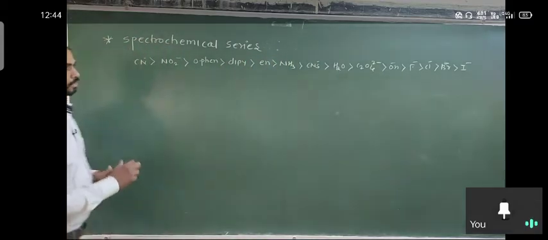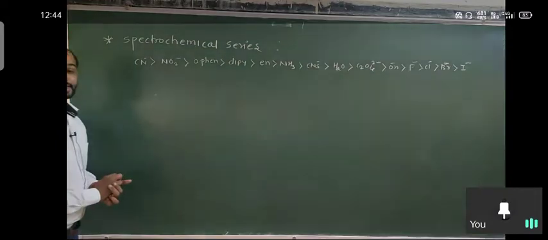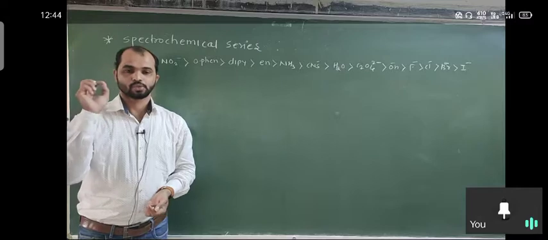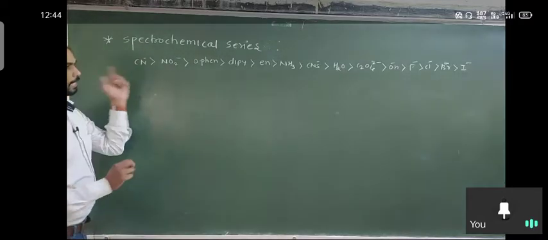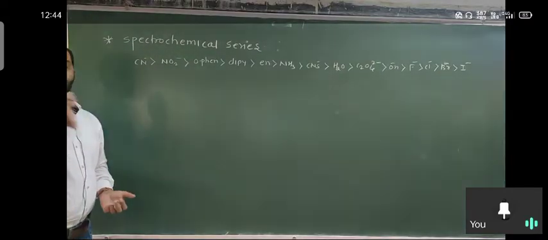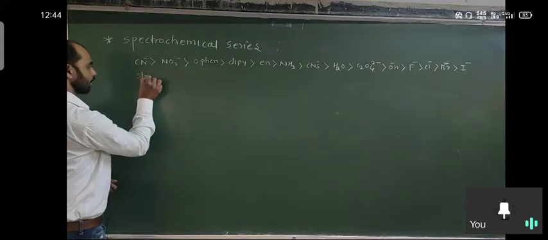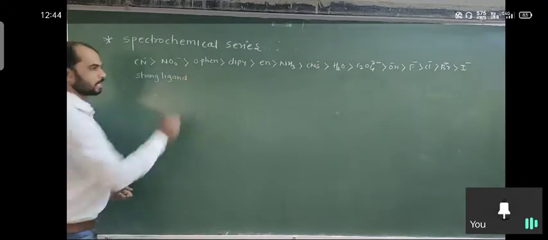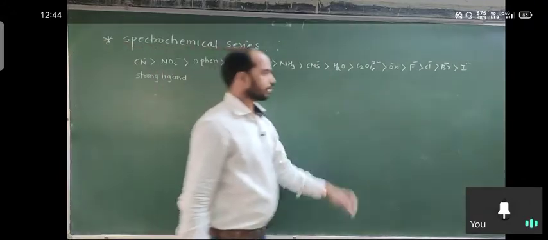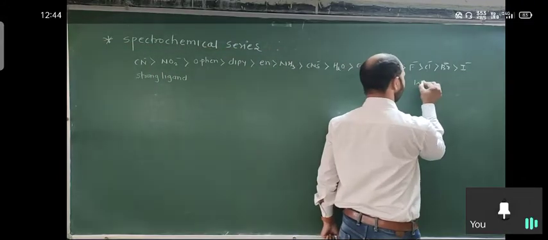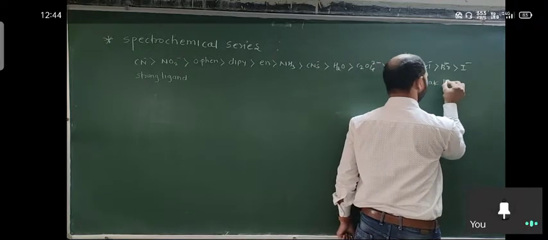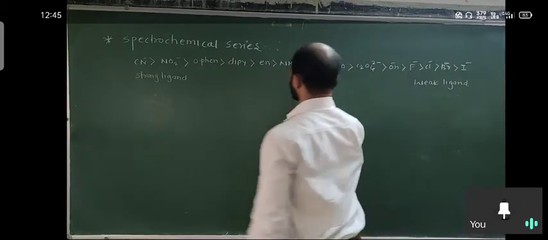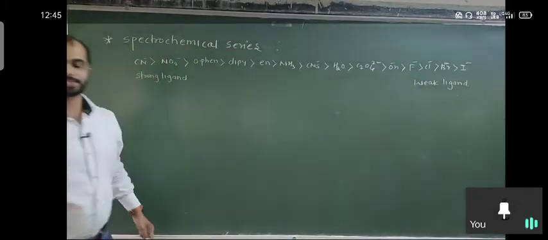That means the ligands are arranged according to spectral information. So the ligands at the extreme left are considered strong ligands, and those at the extreme right of this series are considered weak ligands, and this series is called the spectrochemical series.